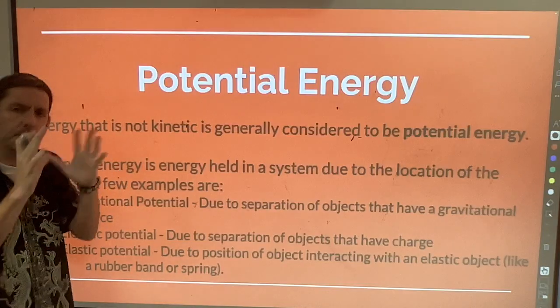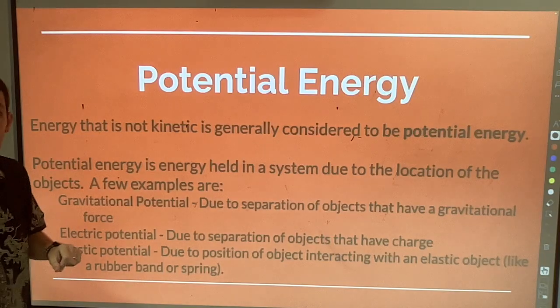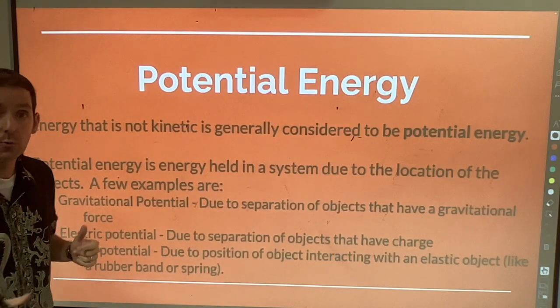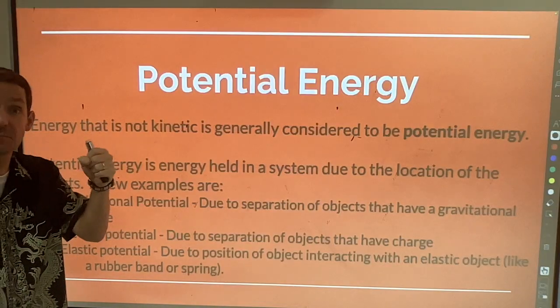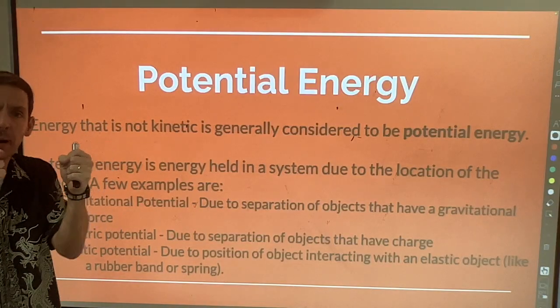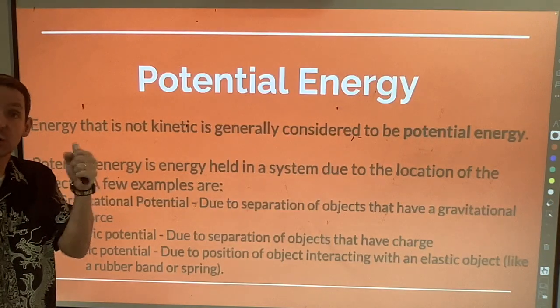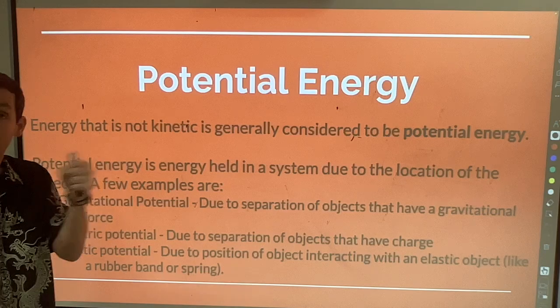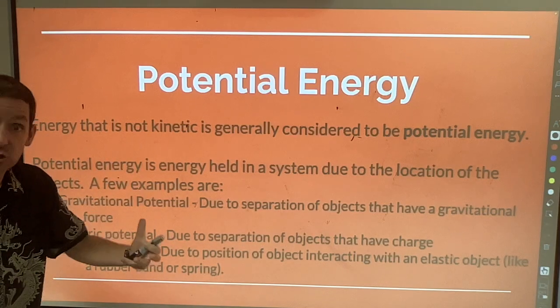Now, a couple of examples of this are gravitational potential energy. And you may have heard that one before, right? Gravitational potential energy is due to 2 objects that have mass that are attracted by a gravitational force. Now, because there is that interaction between the 2 objects, depending on how far they are apart, they will have a certain amount of potential energy.